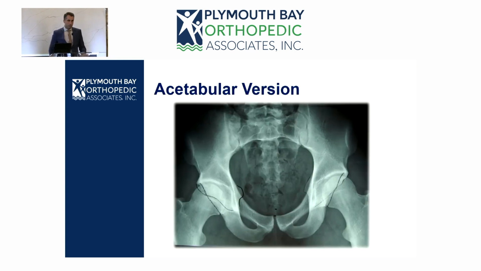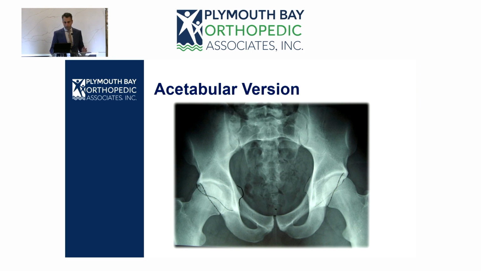Acetabular version is also very important to evaluate. It is evaluated in full detail on a CT scan, but even on the plain x-rays, you can tell here that there's a global retroversion of the cups on both sides. We can see that because there's a crossover sign, where you can see those two lines intersecting, meaning the anterior and posterior walls cross over.